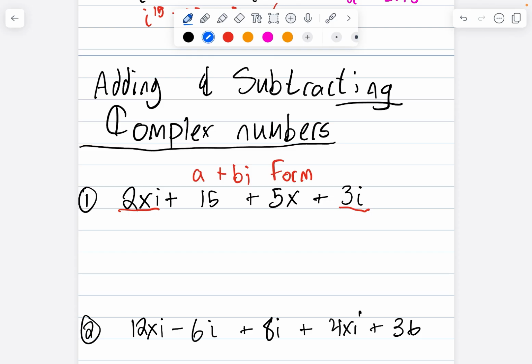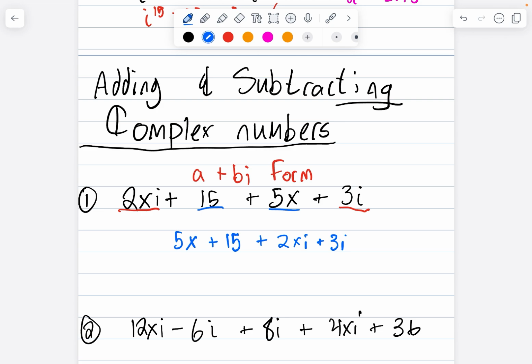I'm going to put 5x first because there's a variable there: 5x plus 15 plus 2xi plus 3i. All right.